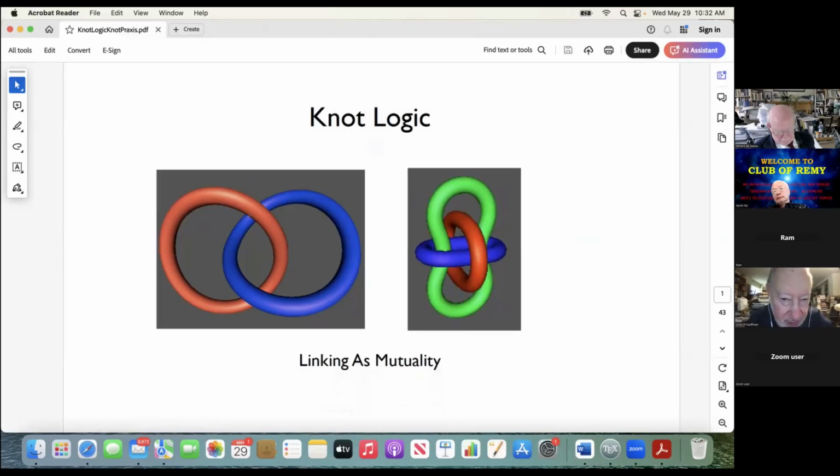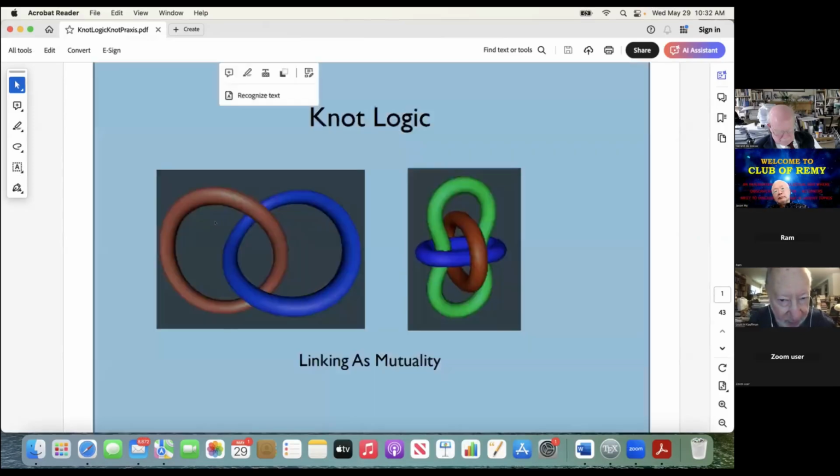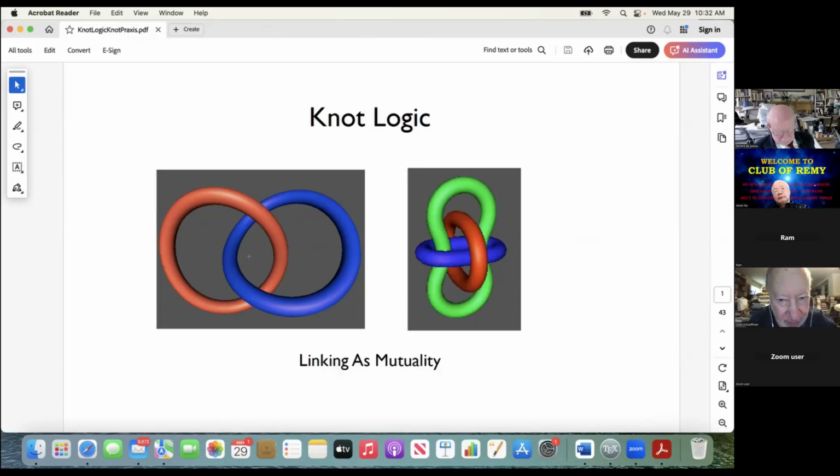In some cases of linking, you can just count how many times one curve goes around the other, and that is a measure of the linking. Like this blue curve is going once around the red curve, and I could have another where it goes 3 times around the red curve, but it could also go 0.